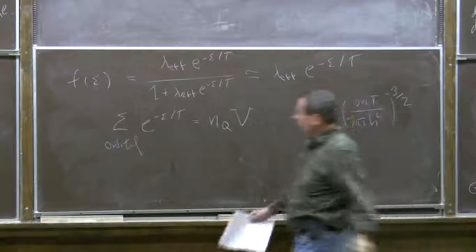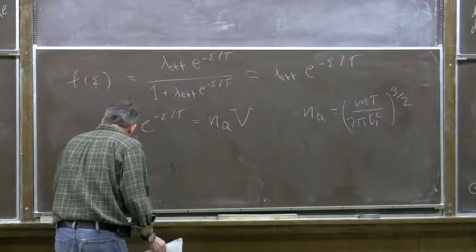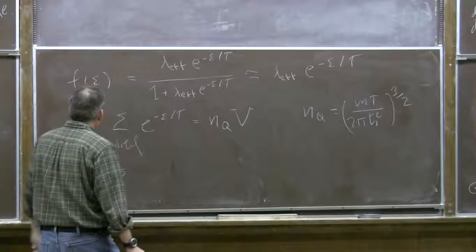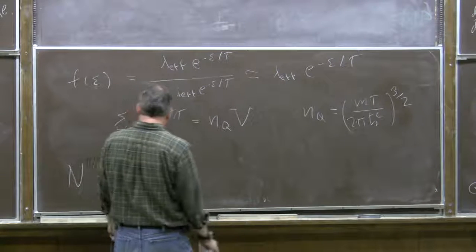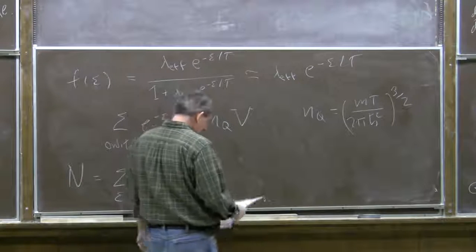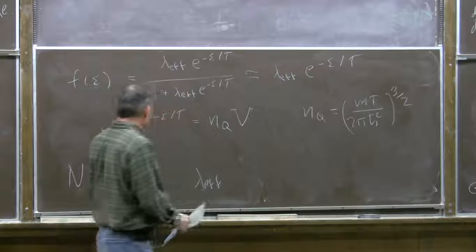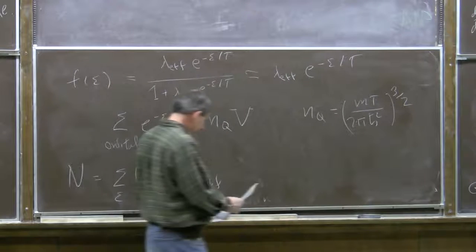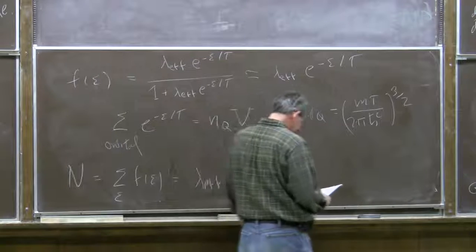So now the total number of particles, which is the sum over orbitals, sum over E, f of E, is just lambda effective times the sum over orbitals of e to the minus epsilon over tau, which is quantum concentration times volume.